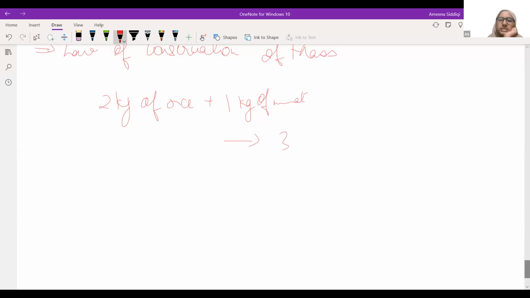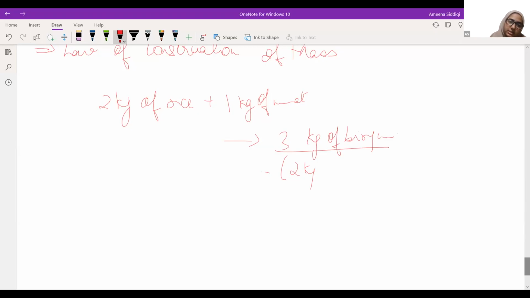But in this 3 kg, we will not say that rice will become 1 kg and meat will become 2 kg. In this biryani also, there will be 2 kg of rice and 1 kg of meat. But the fact is that they will all be mixed together. This is a different product because things are mixed in here. These are two separate reactants, and this is one product comprising both of them, right? Understood?